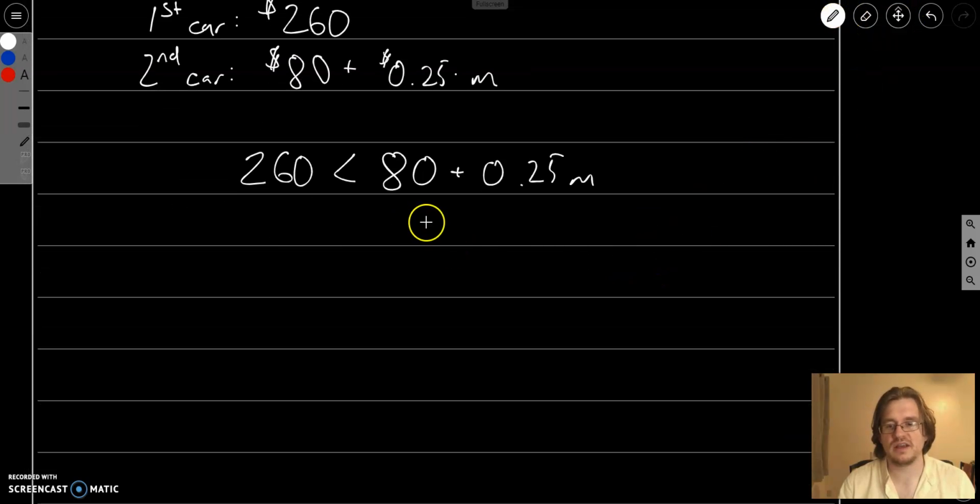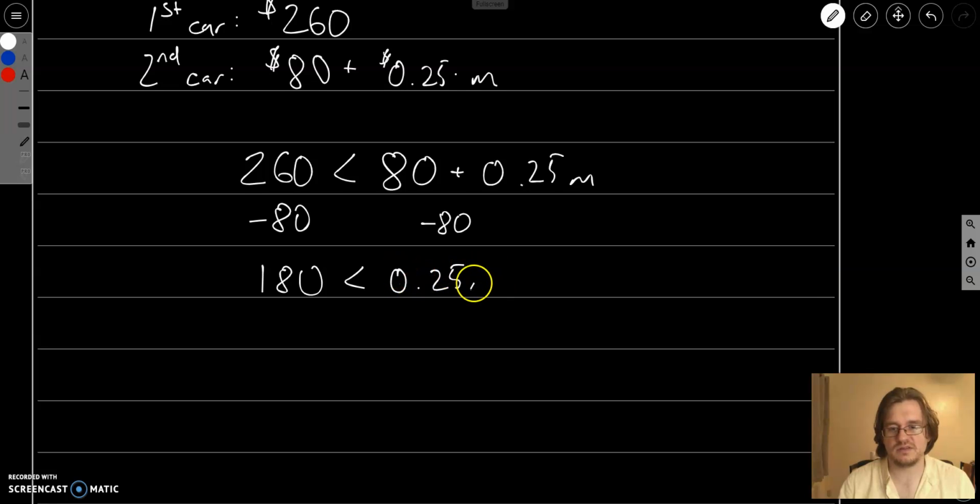So here I have my inequality. I can subtract 80 from both sides. 260 minus 80 will be 180, which is going to be less than 0.25M. I tend to prefer fractions to decimals, and 0.25 is the same thing as 1/4.